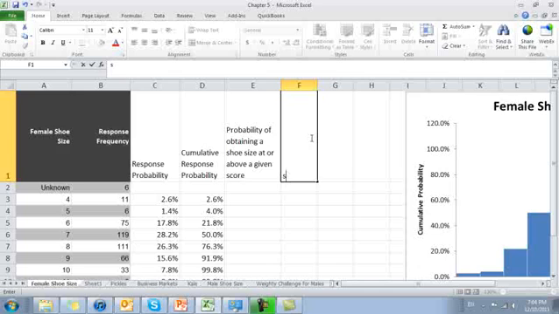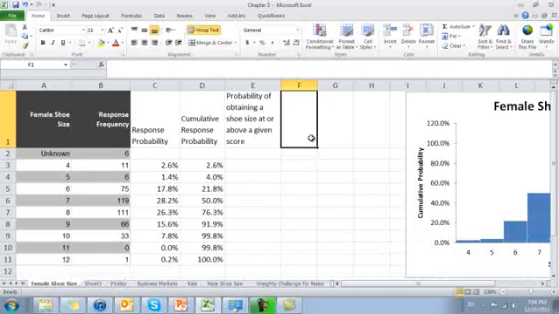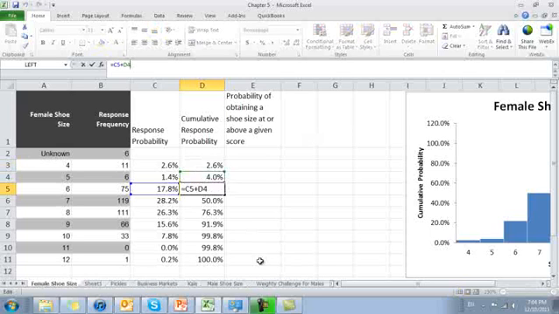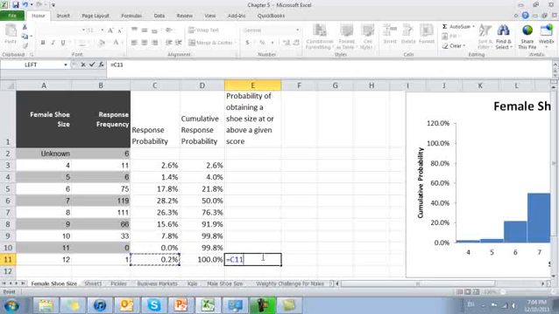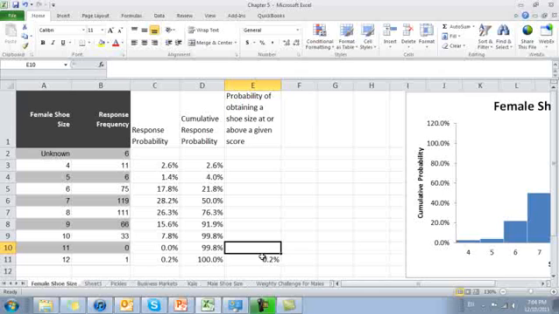Here, I took the one above and went up. Here, I'm going to go the absolute opposite direction. So 0.2% of people say a size 12. I'm looking at the probability of obtaining a shoe size at or above a given score.